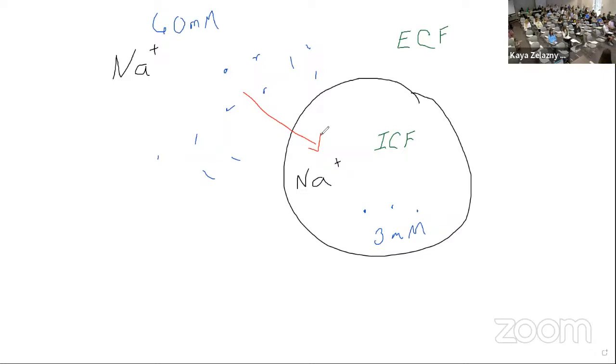But on its own, if we don't have any proteins embedded in that membrane, if we don't have any channels, don't have any transporters, sodium, because it's charged, can't cross that phospholipid bilayer, can't cross that hydrophobic region in the center of the cell membrane.